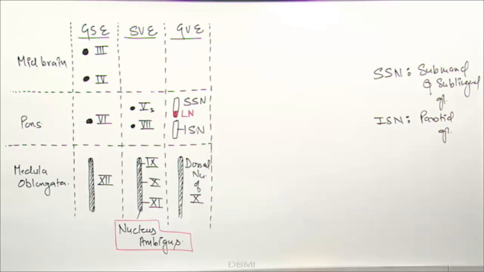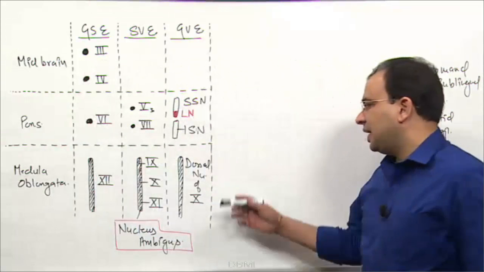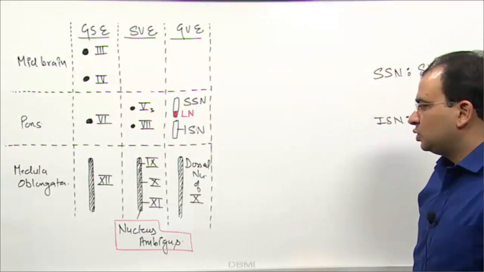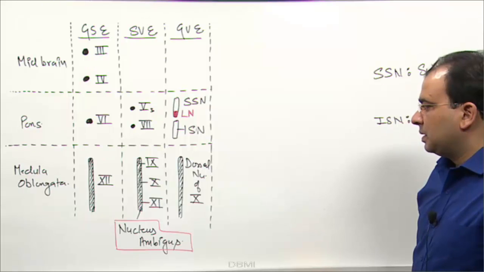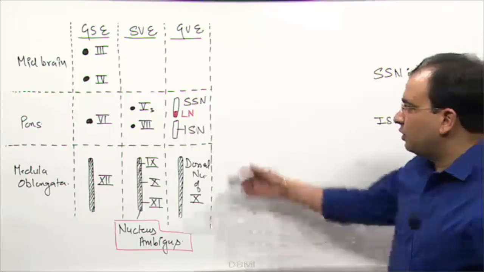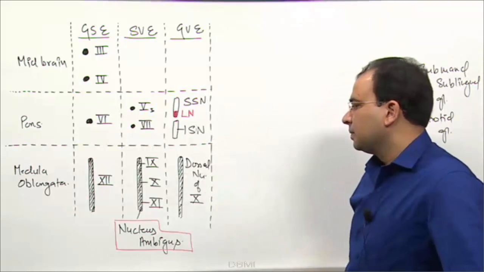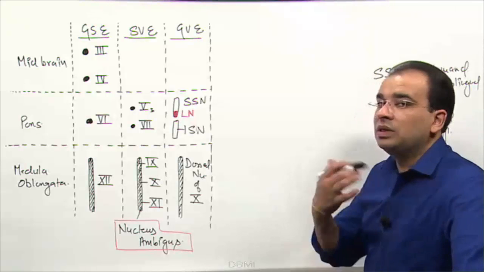The dorsal nucleus of vagus will take care of the muscles and the glands of the GIT and respiratory system. We know the vagus nerve is supplying all those. Basically, we know this column is for the smooth muscles and glands, so it will supply the smooth muscles of the GIT and respiratory system along with the glands over there.